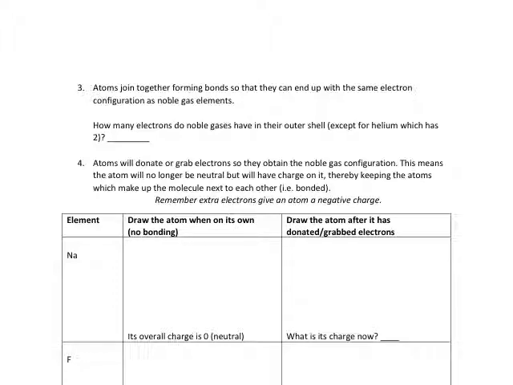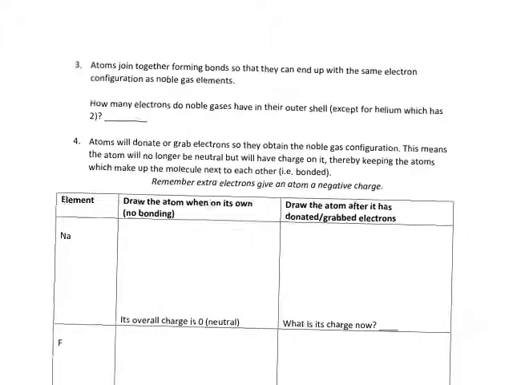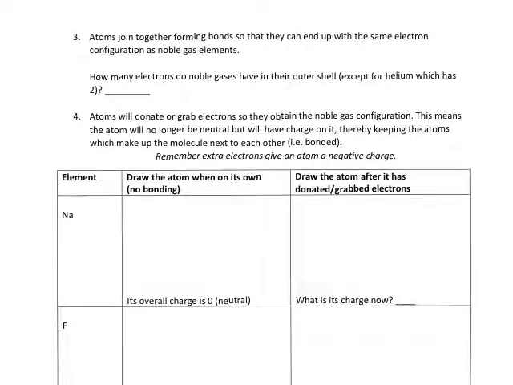When we get to this question, what we're looking for is the idea that when atoms choose to bond to each other, they will bond so they end up looking on the outside like a noble gas.